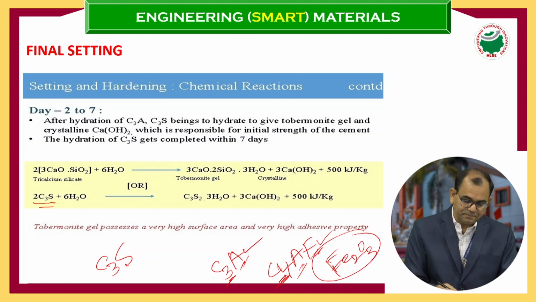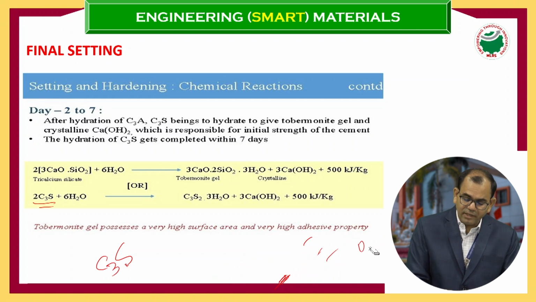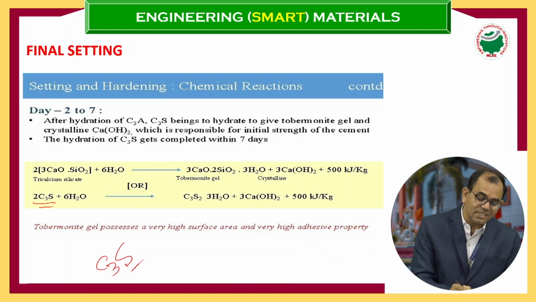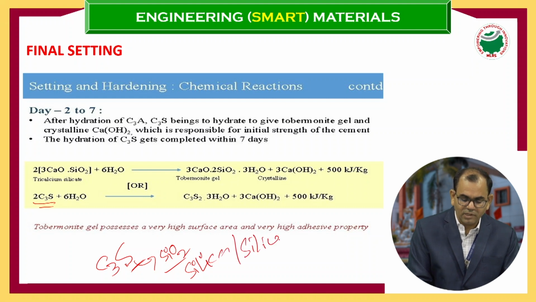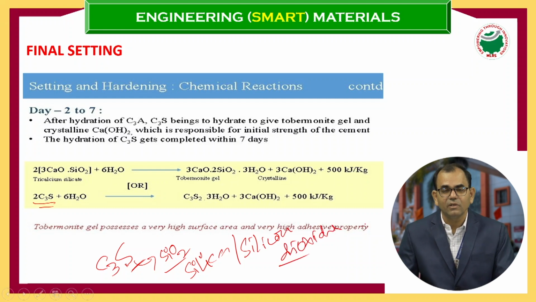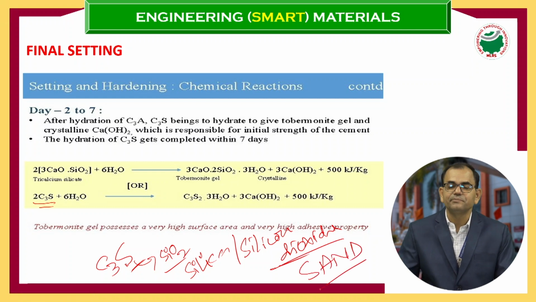Okay. Now, in this third reaction, what is extra? After tricalcium, S is there. This S is nothing but SiO2, silica or silicon dioxide. This is nothing but sand. Okay, silicon dioxide is sand.